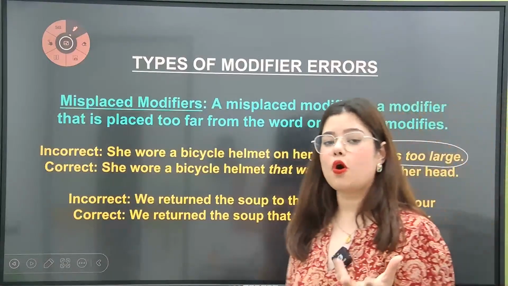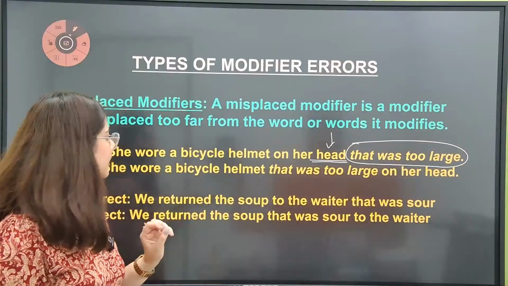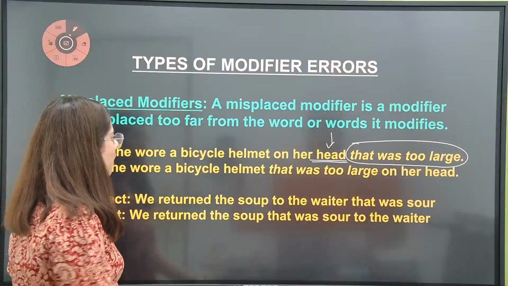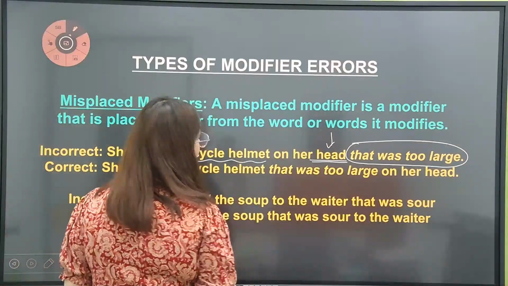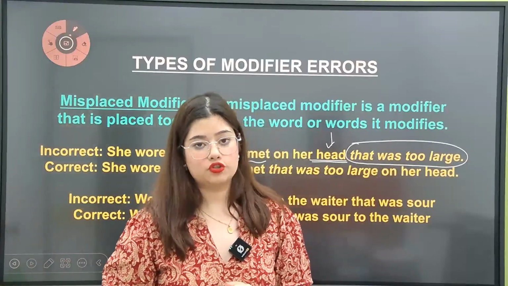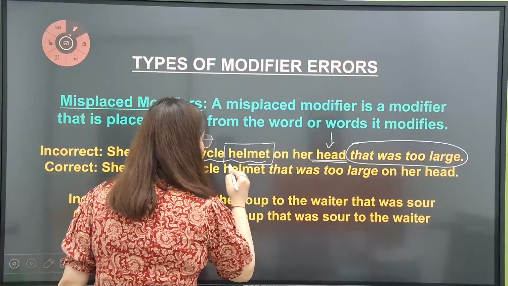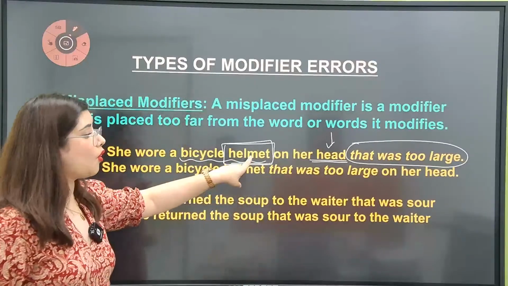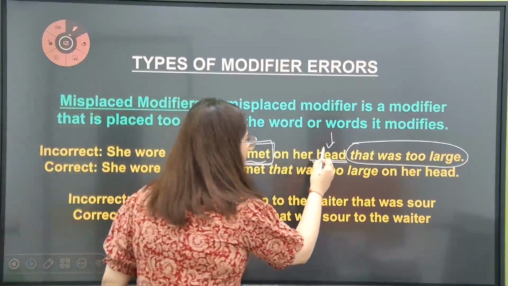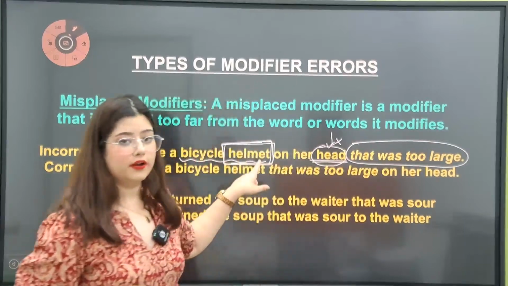No, that is not what the sentence is talking about. That is not the essence of the sentence. The sentence talks about the bicycle helmet being too large and not the head being too large, right? So this is the word that is being modified. This is not the word that is being modified. This is the word that is being modified.